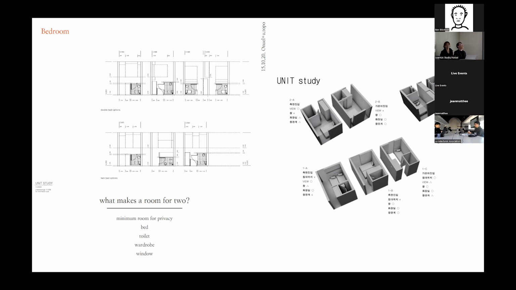Then what is the minimum unit size for this couple for privacy? So we had some design studies for that. That's the toilet and bedroom. What we needed was, for example, a toilet, a shower, or some kitchen. What makes you really your comfort zone for your privacy?